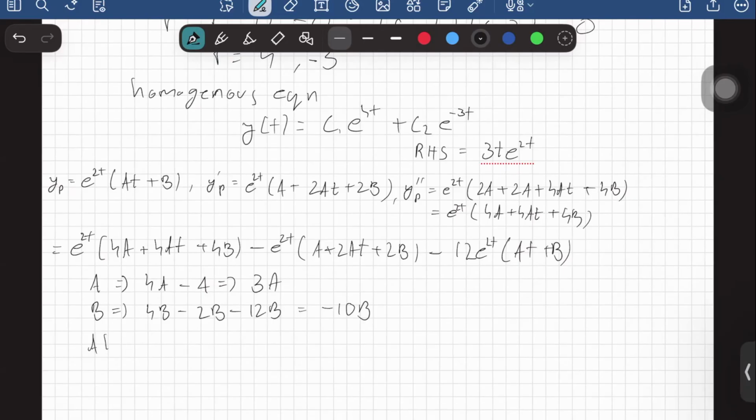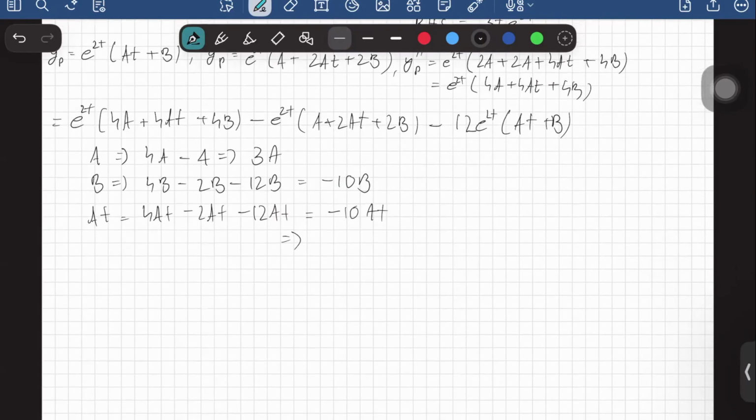And if we're looking at the at term, that's 4at minus 2at minus 12at as well. So this is negative 10at. And writing our final equation, that looks something like e to the power of 2t multiplied by (3a minus 10at minus 10b).